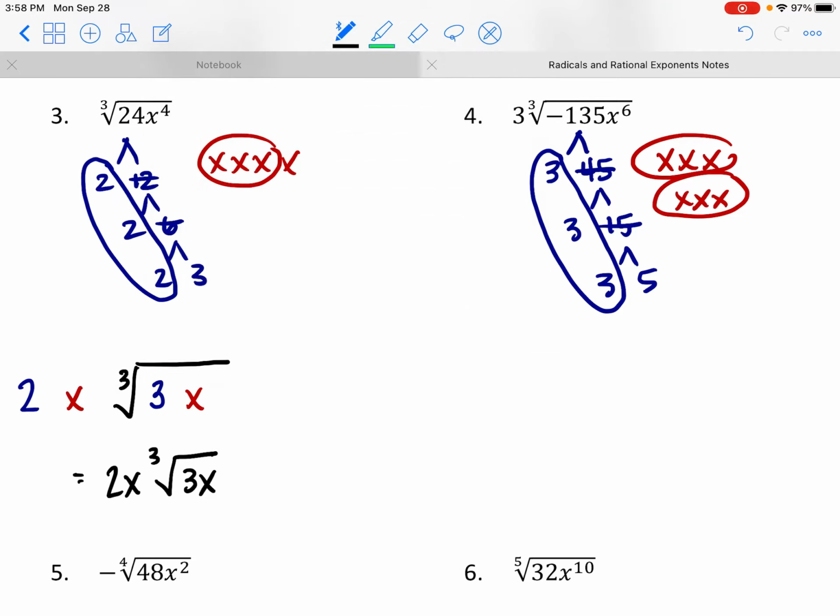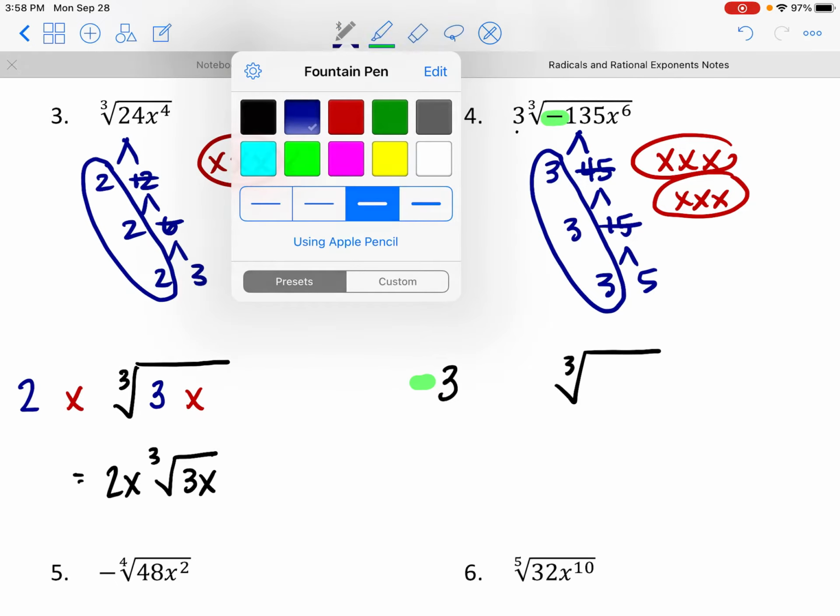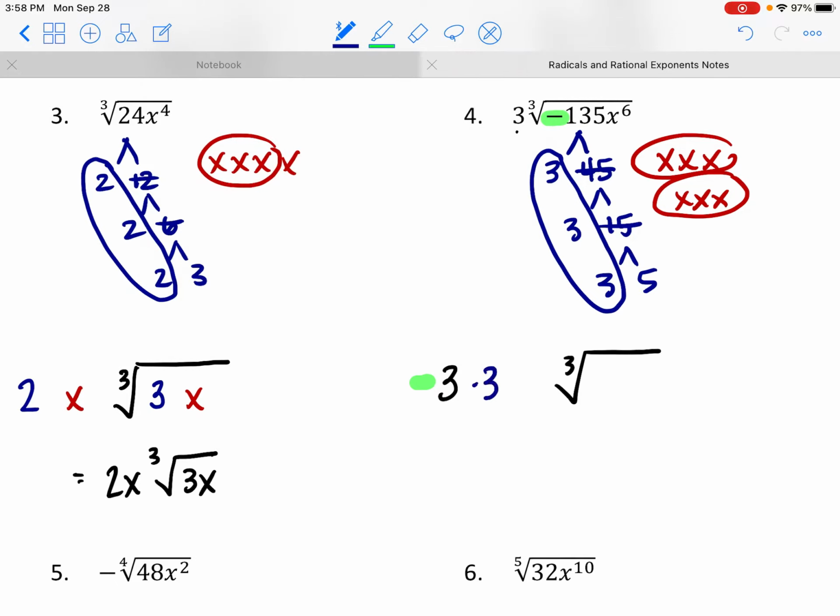So we've got our cube root. Okay. I had a 3 that was out there. That's got to stay out there. I've got a negative, okay, that's going to make my answer negative. And I said I'm bringing out a 3, and I have a 5 left over. And I'm going to bring out 2 x's and then no x's left over.